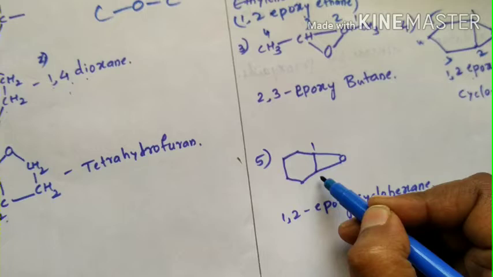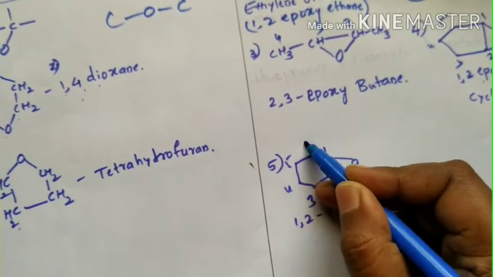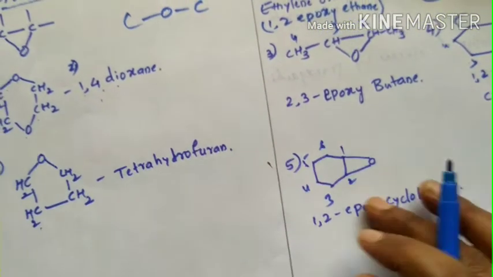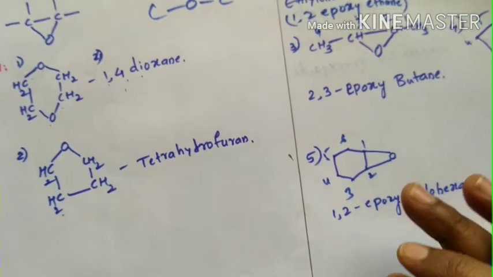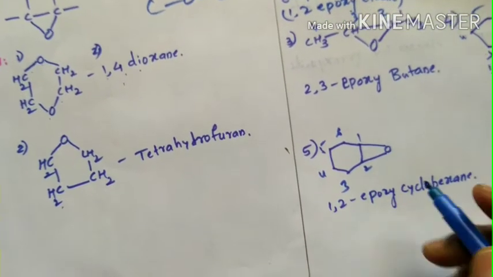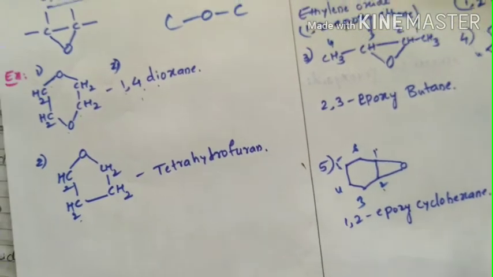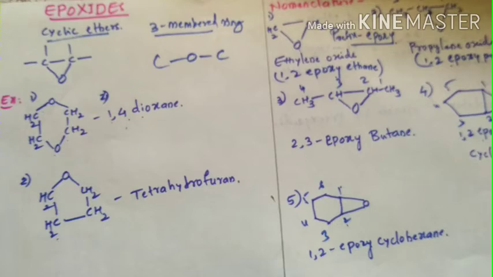In the same way, here 1, 2, 3, 4, 5, 6 means hexane, and it is cyclic in structure, so cyclohexane. Here the prefix is added as epoxy: 1,2-epoxycyclohexane. This is the nomenclature of these epoxides.